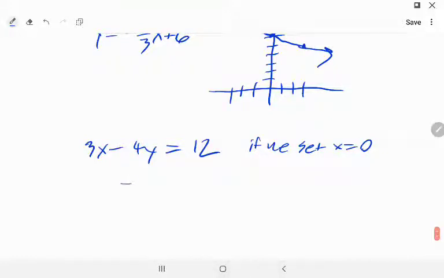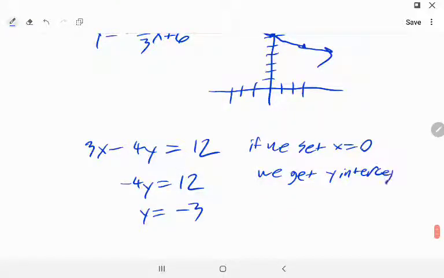We wind up seeing that negative 4y equals 12, and so y has to be negative 3 if x equals 0. We get a y-intercept of 0, negative 3.